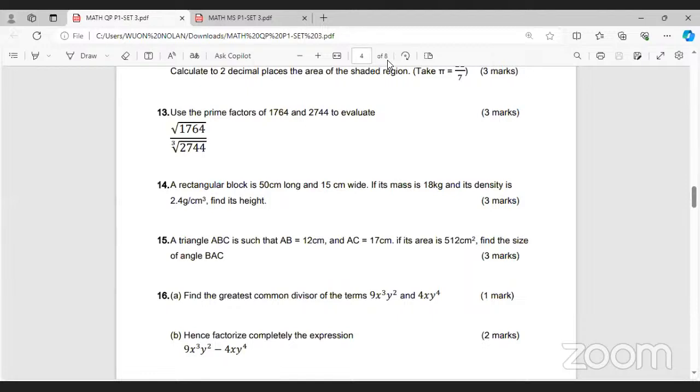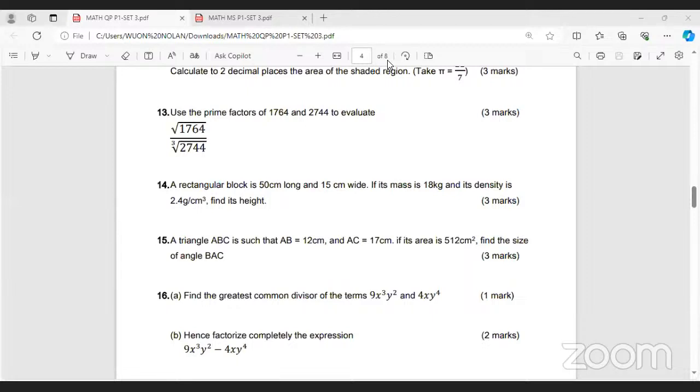So what is 1764, someone, in terms of its prime factors? Christian: The answer is 2 raised to power 2 times 3 raised to power 2 times 7 raised to power 2.